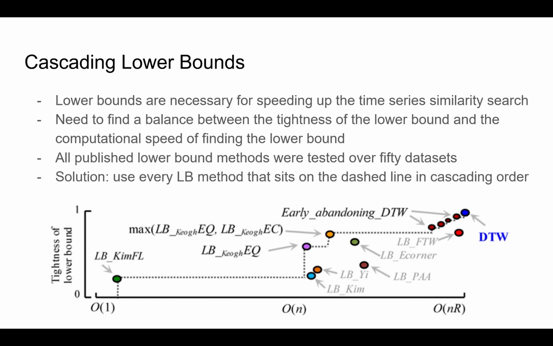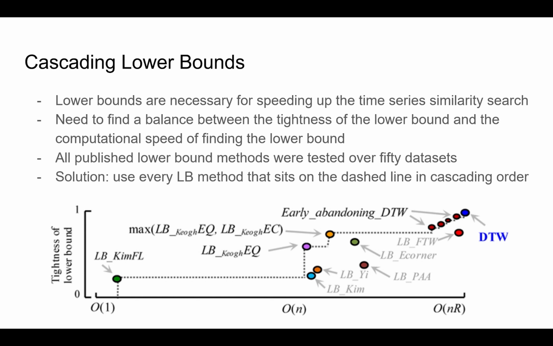As we've seen, lower bounding is necessary for speeding up time series similarity search. However, a challenge of this is finding a good balance between the tightness of the lower bound and the computational speed of finding the lower bound. After testing every currently published method for finding the lower bound, the most intuitive solution found is to use every lower bound method, which sits on the dashed line of this graph.